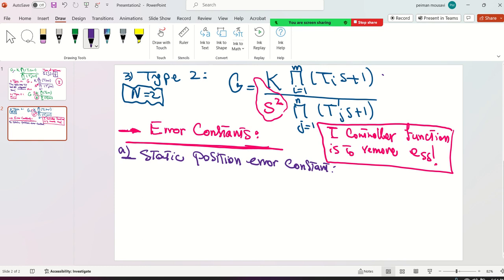Static position error constant. Remember, guys, from day one I told you we have 5 inputs to the system: impulse, unit step, ramp, and parabolic. And we know that in the Laplace domain they are going to have these transfer functions. Now you're an expert of that, right?